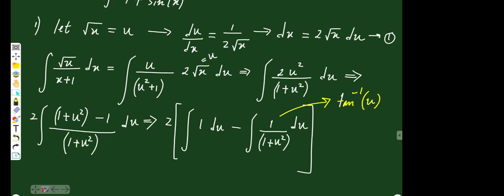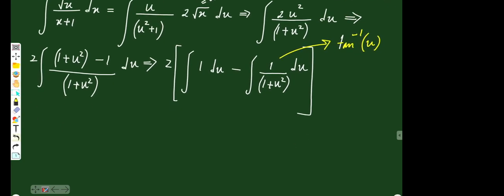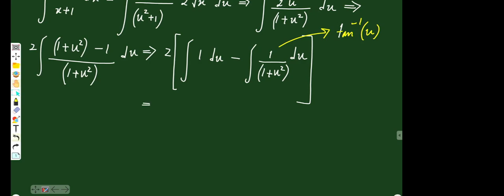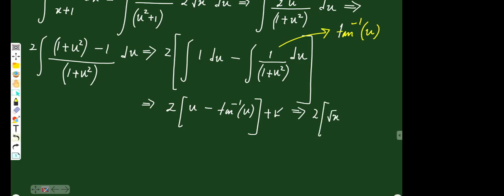Yep. So I get the answer 2 times, you get u here minus tan inverse u, right? So I can put plus k over here. So finally it would be 2 square root of x minus tan inverse square root of x plus k.